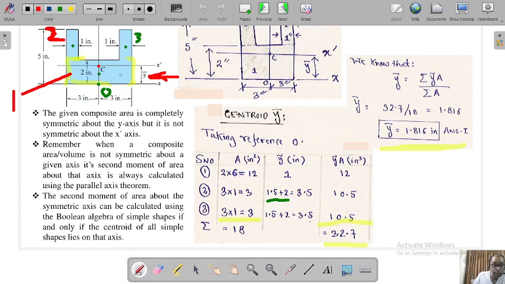from here to here, what is the distance from here to the red dot C? Y bar is how much? 1.816. And from the origin to this first green point, the distance you calculated was how much? It was 1. So 1.816 minus this distance.